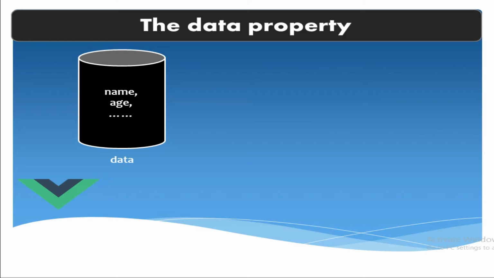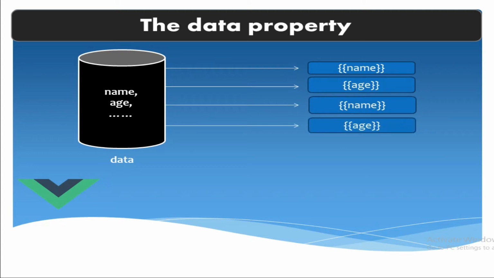Whenever we change the value of the name or age property, it will reflect the change wherever we have used that property. So let's say we have used name and age like this, and if we change the name property to, let's say, John, then wherever we have used this name property, it will reflect the changes like this. Okay, so let's see an example and try to understand this.